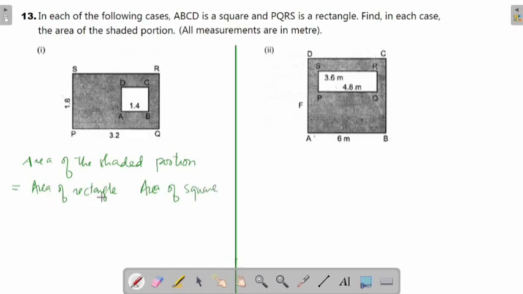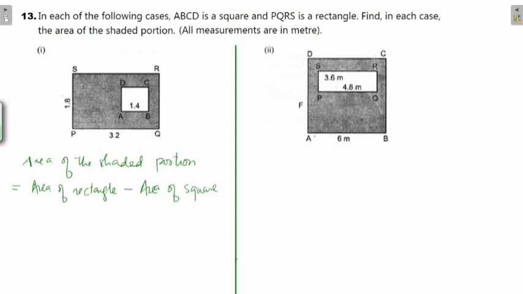See here, I've written first the area of the rectangle because the area of the rectangle seems to be bigger, and later on I have written the area of the square, because it is smaller. So what we'll do is subtract the smaller area from the bigger area in order to find the area of the shaded portion. We do the same thing here as well. So here we have the area of the shaded portion.